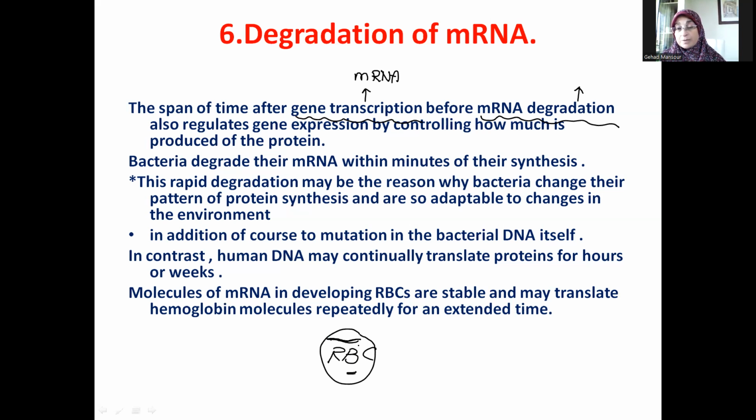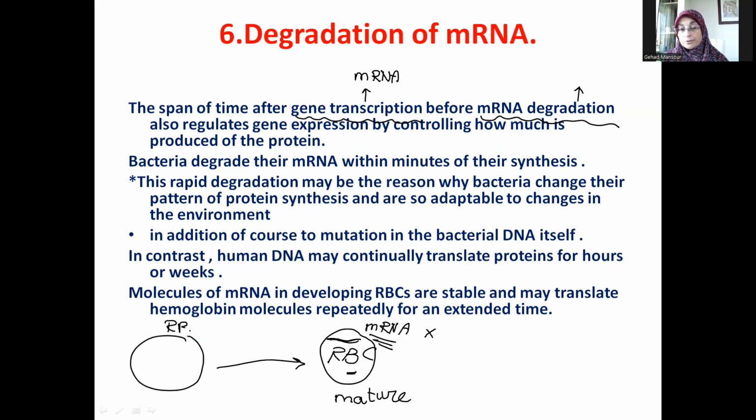Because the red blood corpuscle does not have a nucleus, so it cannot transcribe a new messenger RNA if that messenger RNA becomes destroyed. You might ask yourself, if it doesn't have a nucleus and DNA, where did messenger RNA come from? Actually, this non-nucleated red blood corpuscle is the mature one, and it arises from an immature red blood corpuscle that was nucleated and contained DNA.